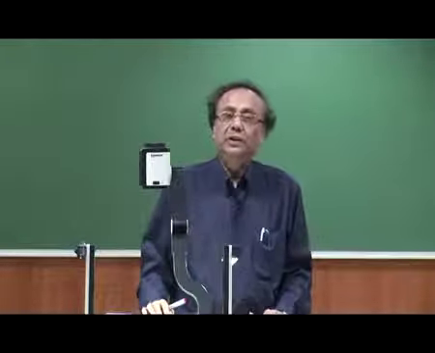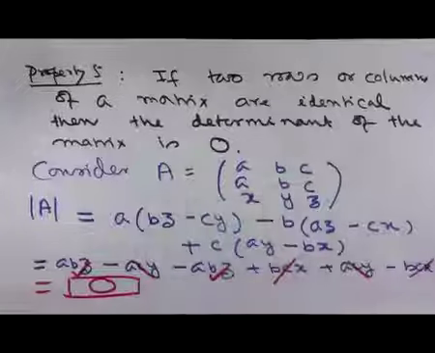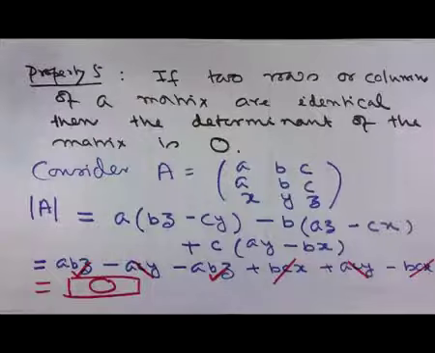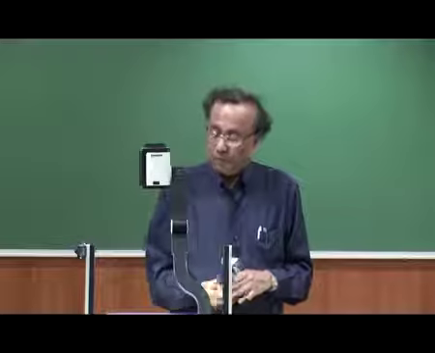Since we did not know the result before, we had to compute it, but once you are an expert and you can see that two rows of a matrix are identical or two columns of a matrix are identical, then the determinant of that matrix is going to be 0.